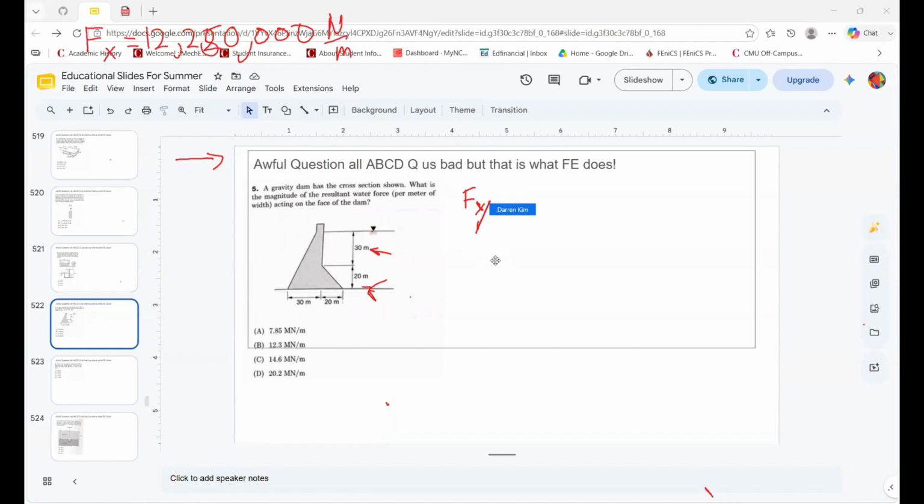So you have to get the mass over here, which is basically 30 multiplied by 20 plus the beginning area over here, because how you do it is rho g volume, if I remember correctly. Because what you're doing is mg. It's the water weight that's going down on this block. So it's basically 20 squared divided by 2, because that's how it works, multiplied by rho g.